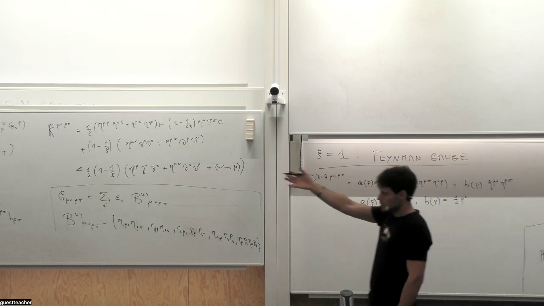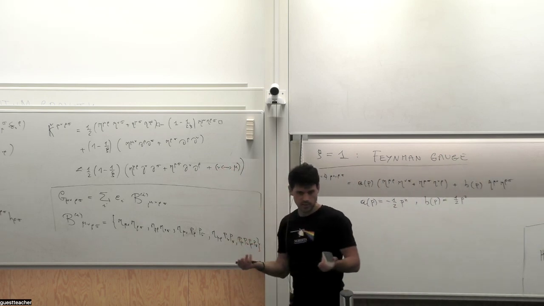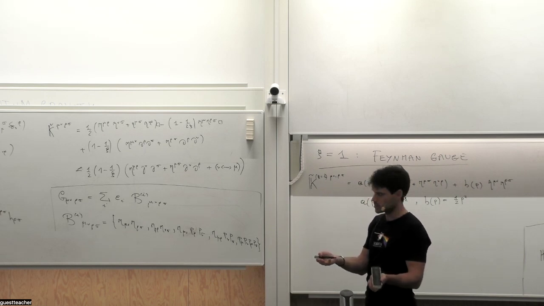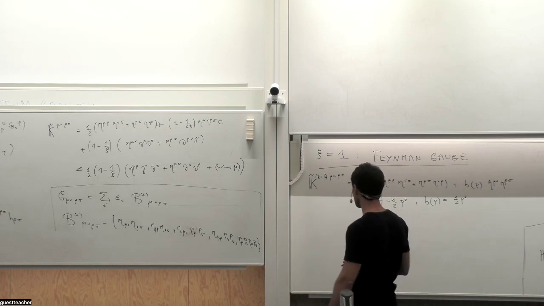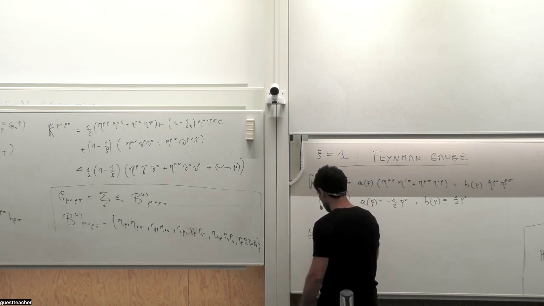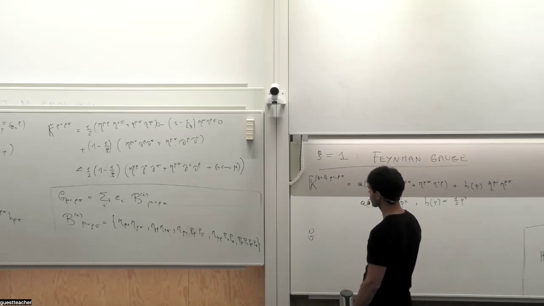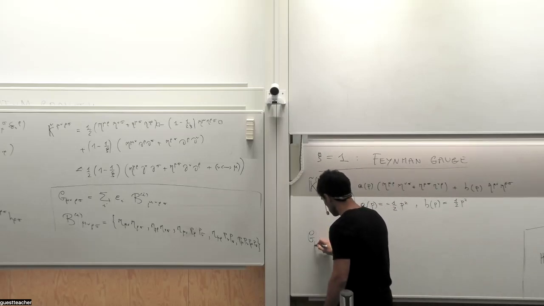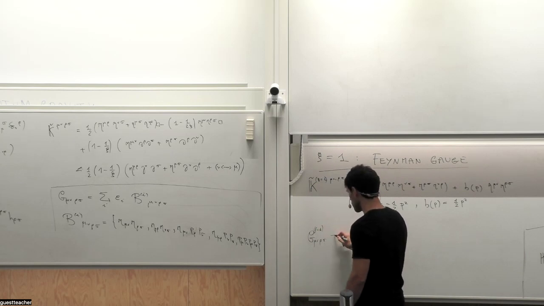Now, to solve this equation, we can make a simple ansatz and see whether this ansatz solves the equation or not. So what we can do, we can take a propagator in the Feynman gauge, that's x equal to 1, and we make an ansatz of this type.